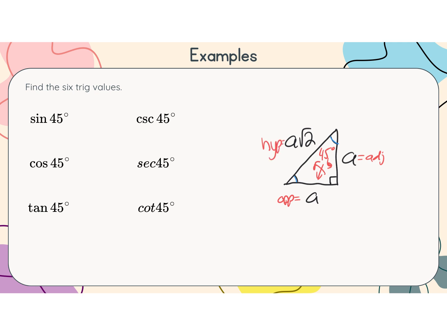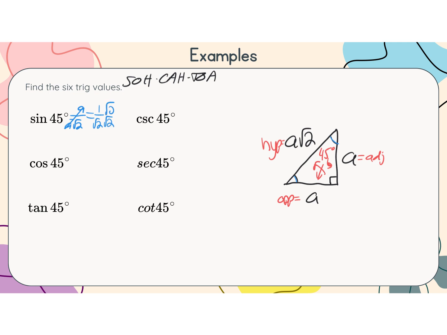Once again, let's use SOHCAHTOA to figure out the 6 trig values of 45 degrees. Sine of 45 is opposite over hypotenuse, so it's A over A square root of 2, and then the A's cancel out, and we get 1 over square root of 2.